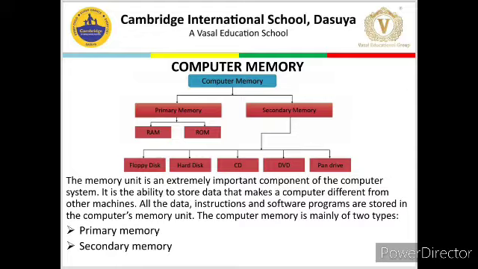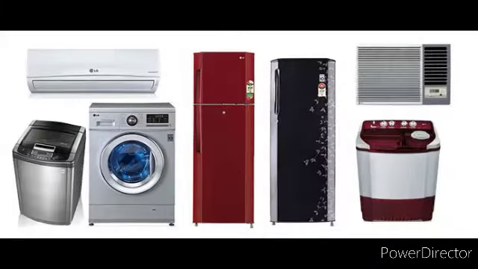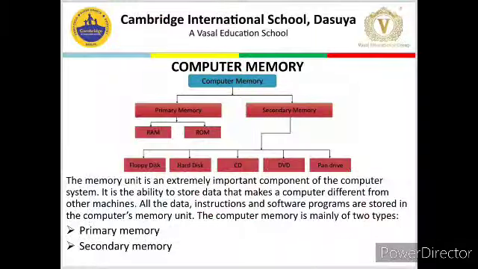It is the ability to store data that makes a computer different from other machines. A fan is a machine, an AC is a machine, a microwave oven in the kitchen is a machine, but they cannot store data for the future. So it's the computer that is different from other machines.